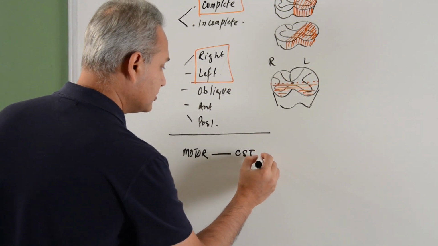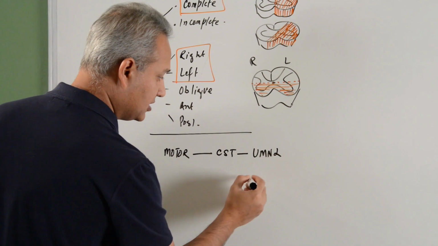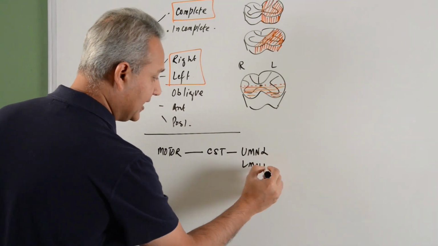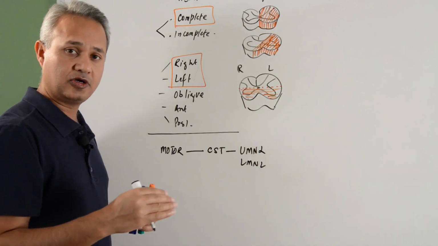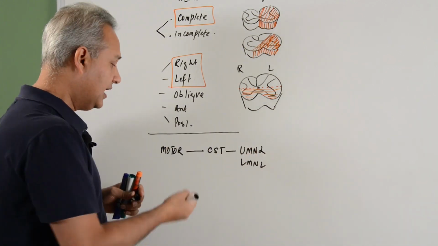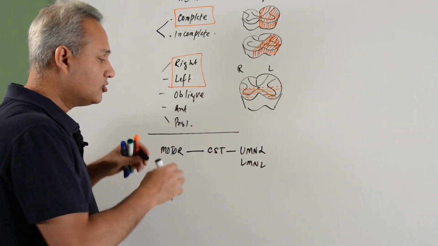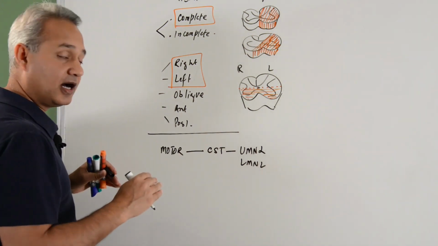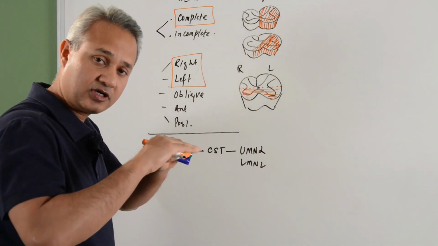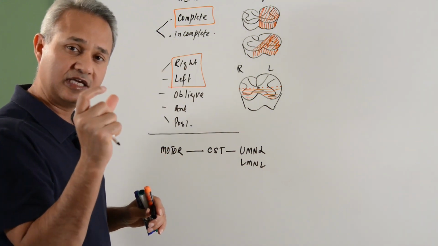Then we have the effect of the upper motor neurons and their lesion, lower motor neuron and their lesion. And please remember, I have done lectures on the upper motor neuron lesion and lower motor neuron lesion separately. I have done lectures on the descending tracts and the ascending tracts separately. So I'm not looking to redo those lectures here, just explaining what the hemisection of the spinal cord is, what topics it is covering, what they are testing you on in the USMLE, so what are the things to keep in mind.